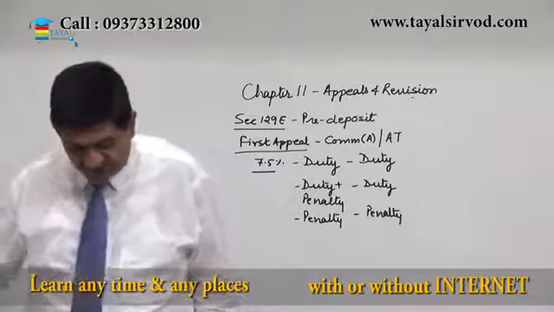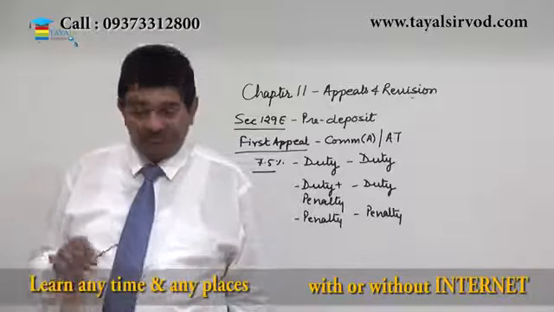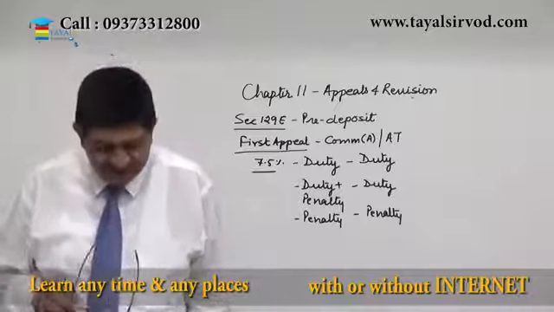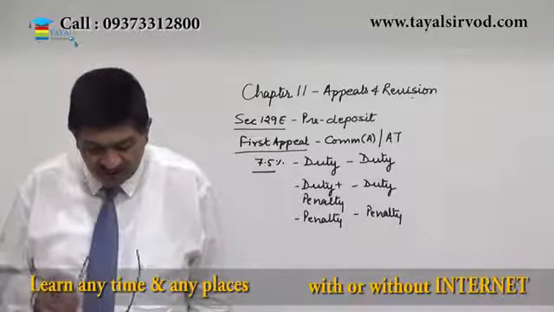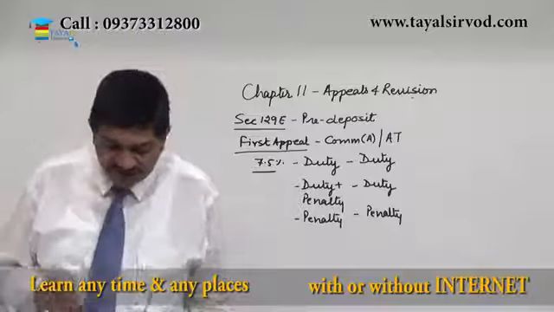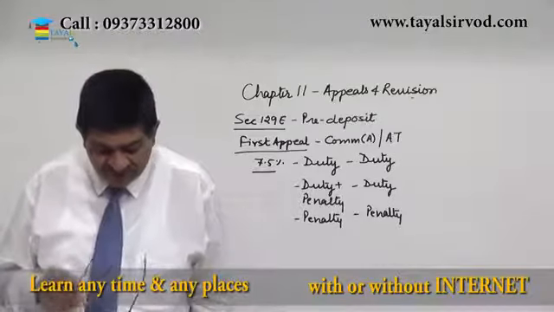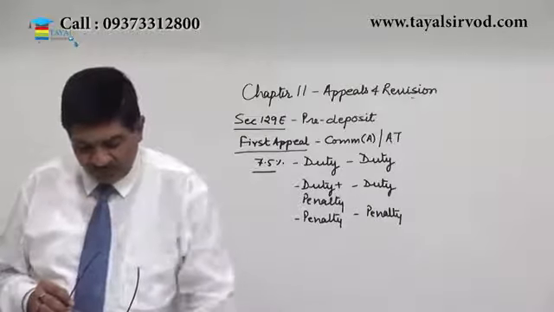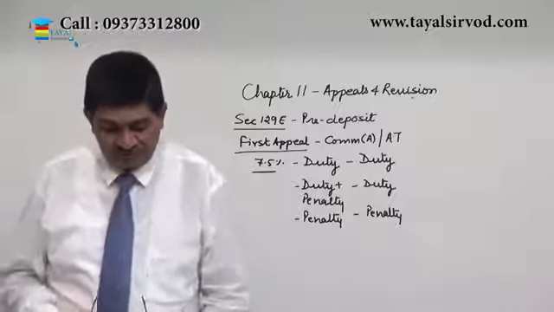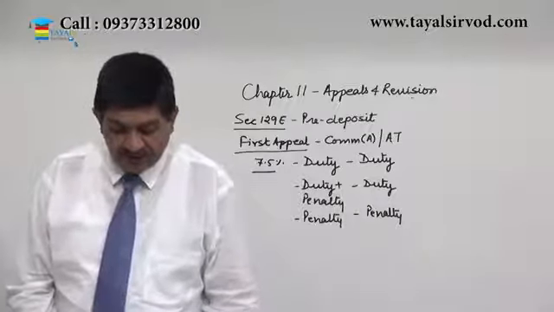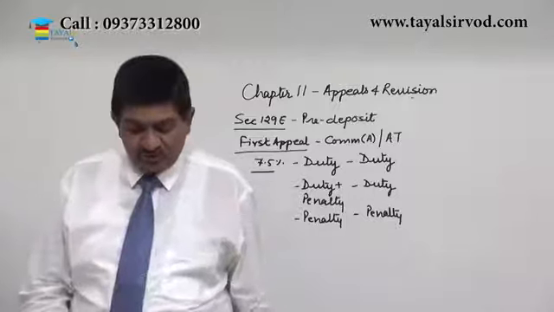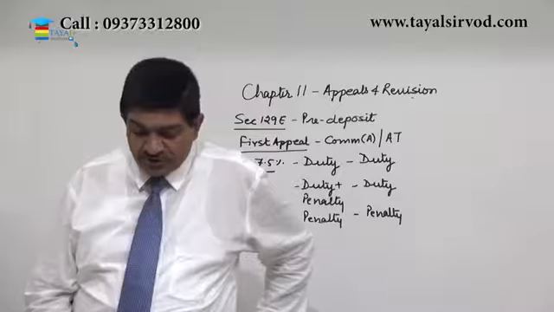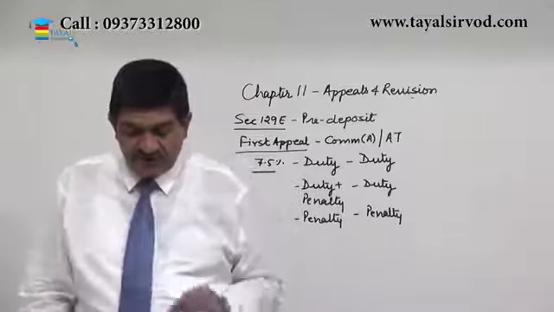Under subsection 1 of section 128, that is Commissioner Appeals, unless the appellant has deposited 7.5% of the duty in case where duty or duty and penalty are in dispute, or penalty where such penalty is in dispute, in pursuance of a decision or order passed by an officer of customs lower in rank than Principal Commissioner or Commissioner. And against the decision or order passed under section 129A by the Commissioner, appeals. Against the decision or order passed under clause B of subsection 1 of section 129A, unless the appellant has deposited.